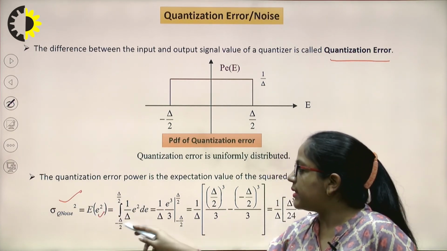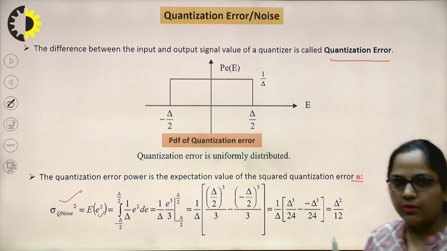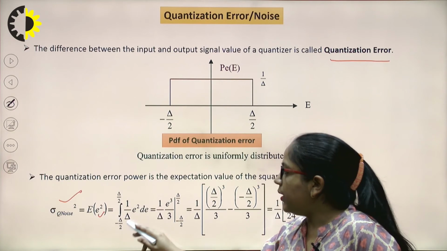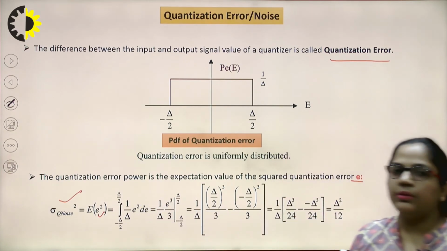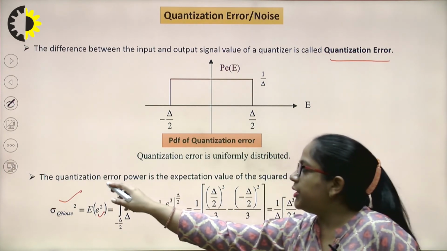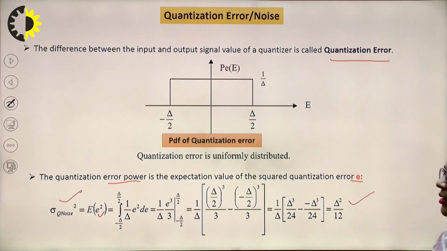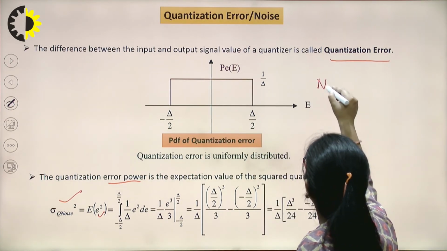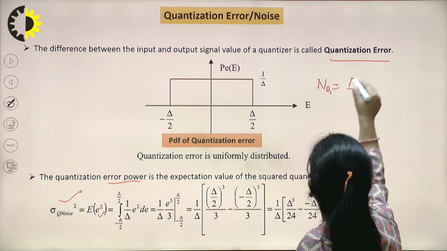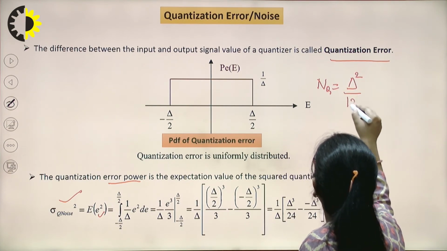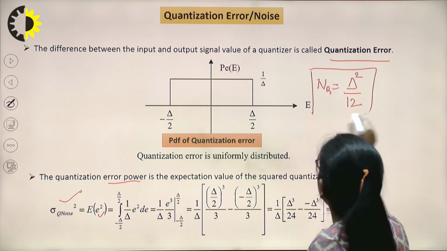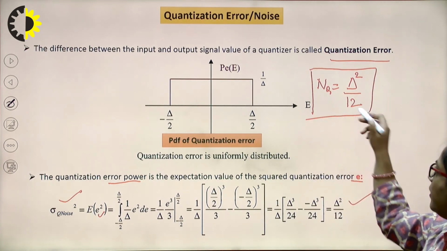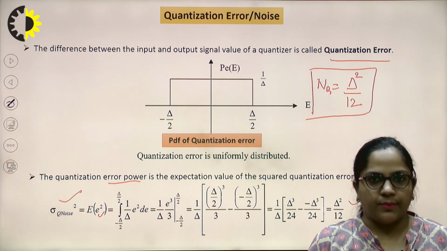Calculating this, we integrate from minus delta/2 to delta/2, using the PDF of the quantization error, of (1/delta)·e squared with respect to de. We get the quantization error equal to delta squared by 12. It is also represented as N_Q. So the quantization noise equals the square of the step size divided by a factor of 12.